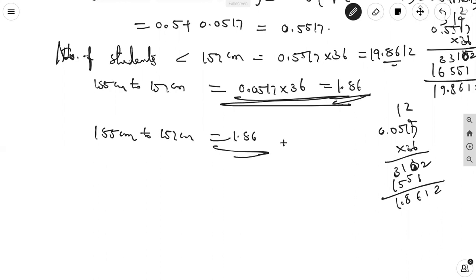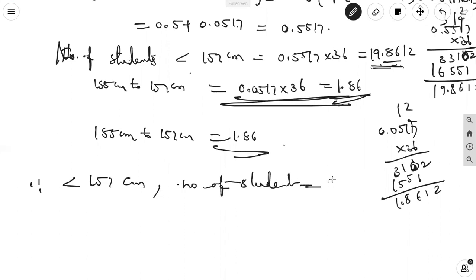That is almost 2 members. Here 20 members are less than 157. Therefore, less than 157 centimeter number of students equal to 20. Only in between 155 to 157 centimeter number of students are only approximately 2.